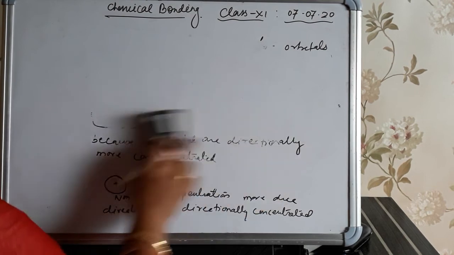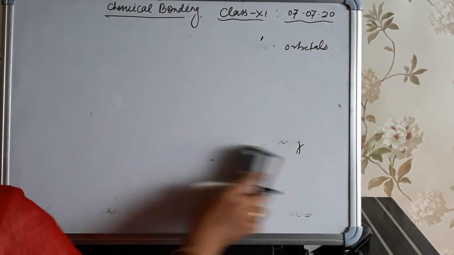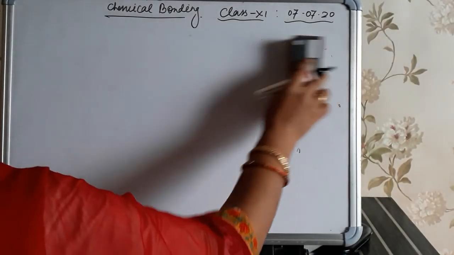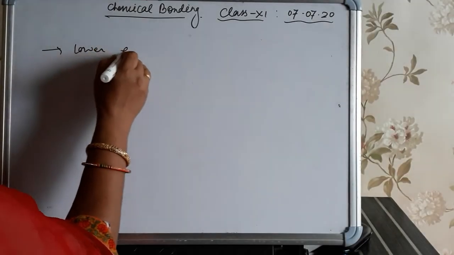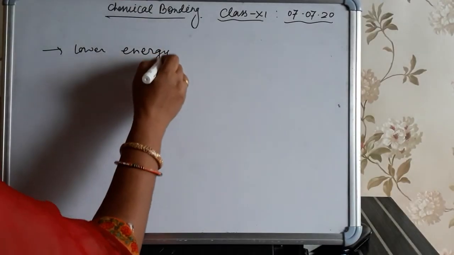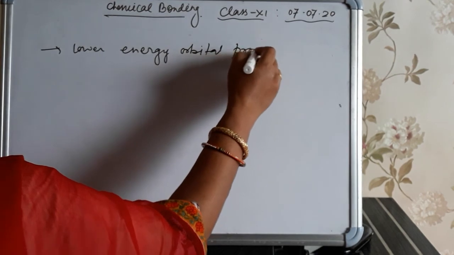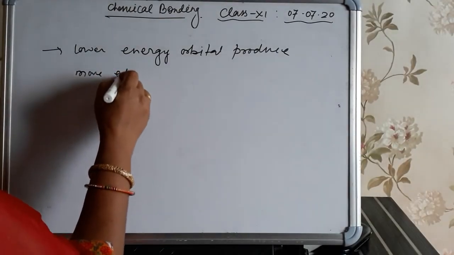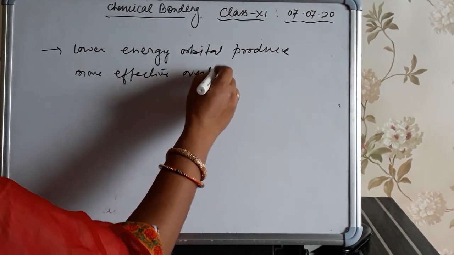Lower energy orbital, remember it. Lower energy means 1s, 1s, 2s, 2s, 2p, 2p, 3p, 3p, like this. So lower energy orbitals produce more effective overlapping.